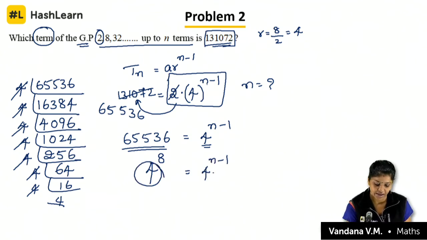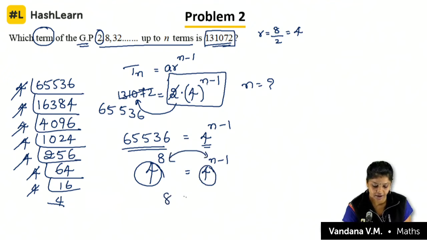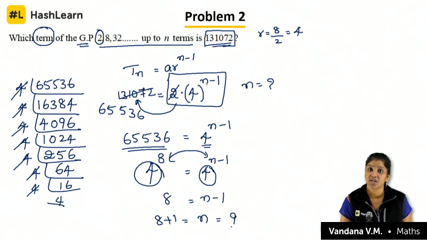When the bases are equal, I can equate the powers, that is 8 is equal to n minus 1. When n is equal to, if the minus 1 comes to this side, 8 plus 1 is equal to 9. So which term is equal to this? The 9th term, right? So the 9th term is equal to 131072. Clear children? Yes.